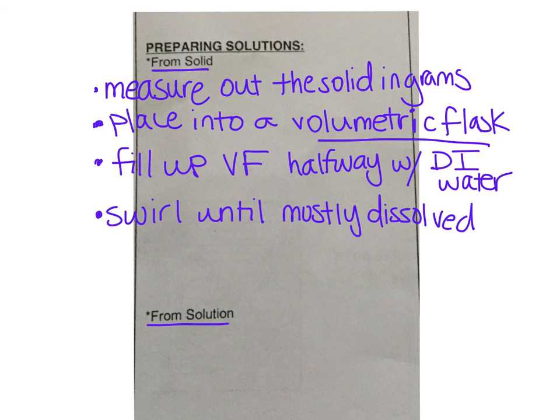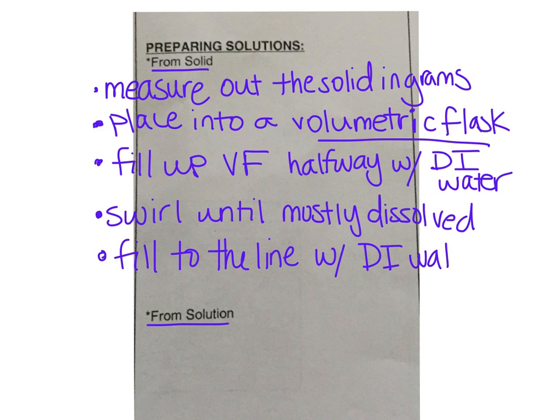As long as it's not a very saturated situation there, you should be able to dissolve all of it. Okay? All right. Okay, so swirl until mostly dissolved, and then you fill to the line with more DI water. Okay?